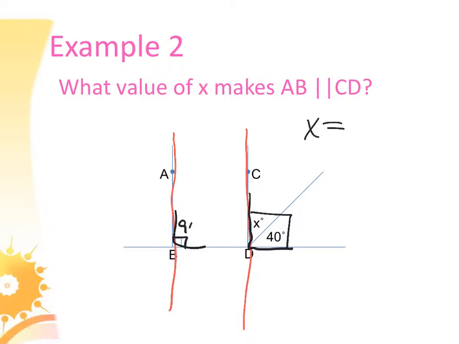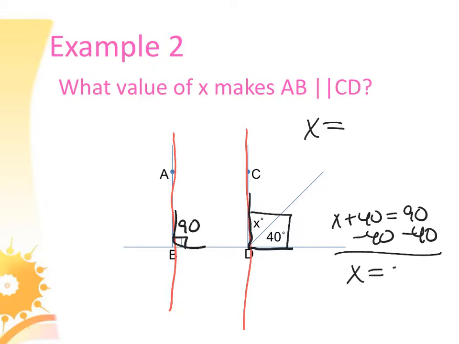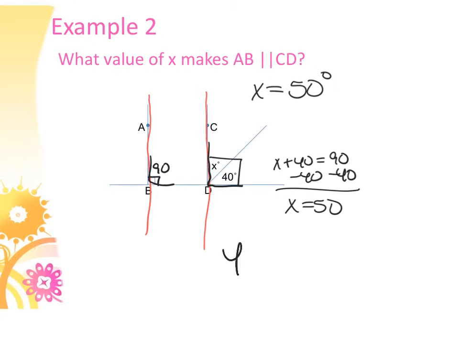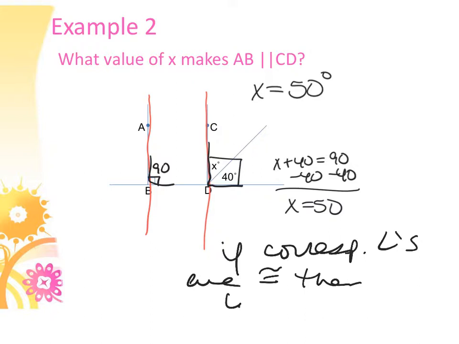Notice this one's 90, so I need to know that x plus 40 also equals 90. So you can see that x is going to be 50. And the reason for this is if corresponding angles are congruent, then the lines are parallel.